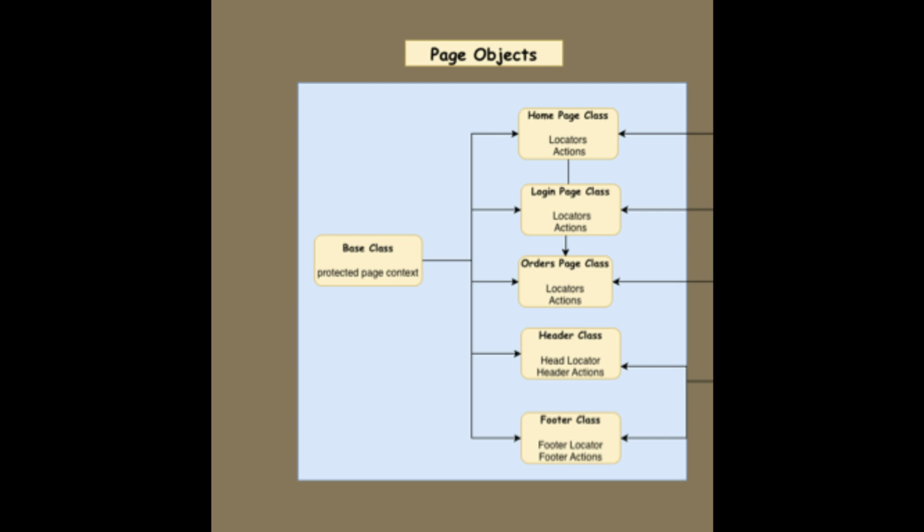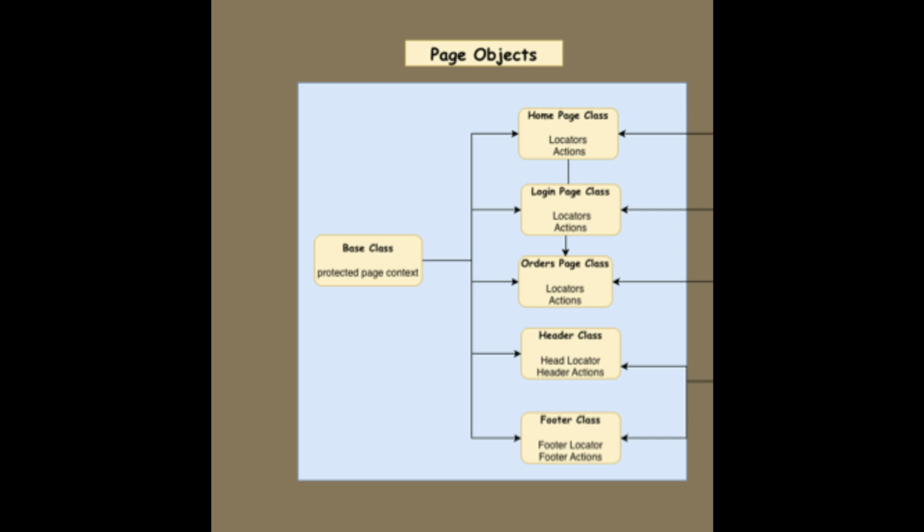You will create separate classes, and inside those classes we will be writing locators as attributes, and actions. So let's say a home page has a locator called home button, so we identify the locator and then write it as an attribute. And also, let's say clicking on the home button or doing a scroll up or scroll down could be an action which we will be writing inside the home page class.